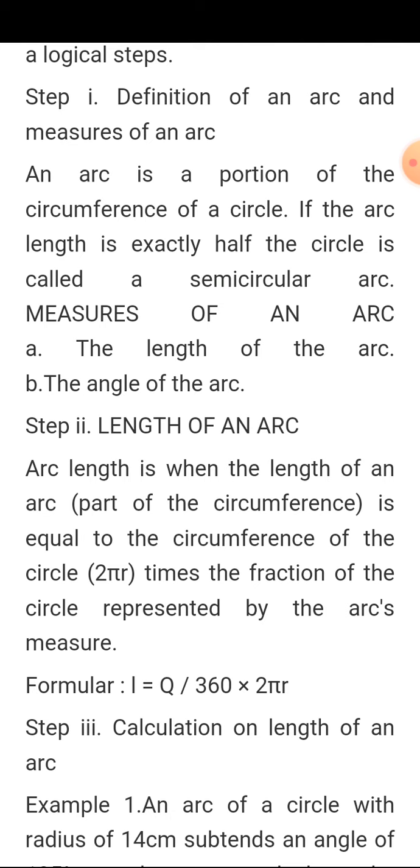If the arc length is exactly half, that is, if an arc is exactly half the circle, that half of the circle is called a semicircular arc.